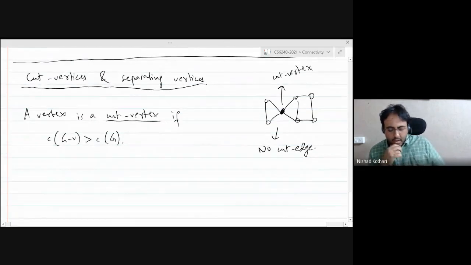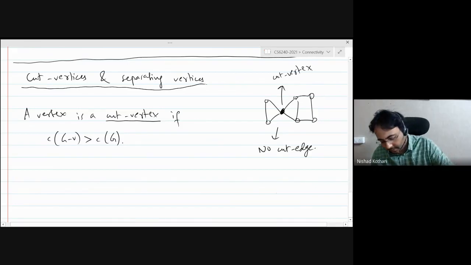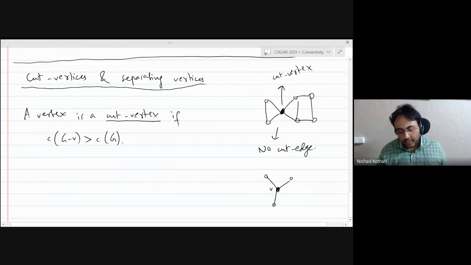Can I say that the number of components should go up by exactly one, or can I not make such a statement? No, we can't say that. Exactly. We can't make such a statement. You can make simple examples like here. If you remove the vertex v, you will get 3 components. So you can get an arbitrary number of components after you delete a vertex, which is not the case for an edge. So in that sense, edge deletion is simpler to visualize than vertex deletion. Okay, good. So that's what a cut vertex is.